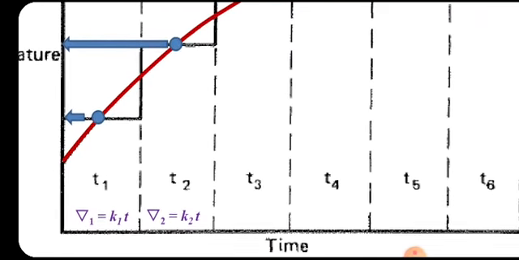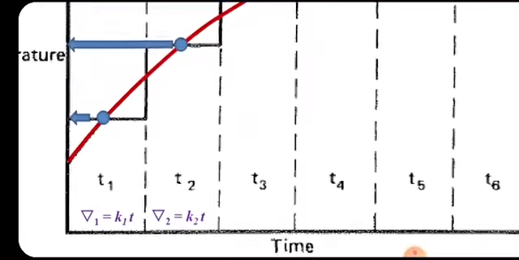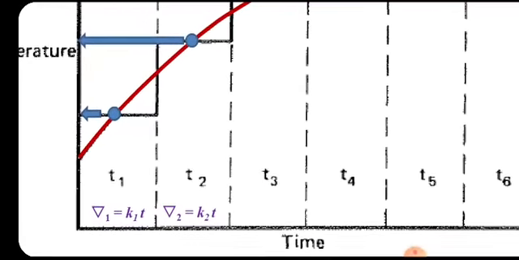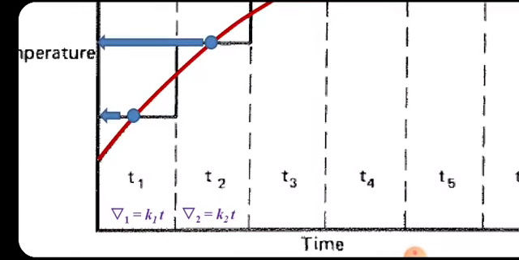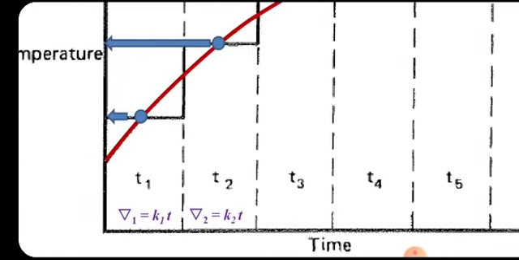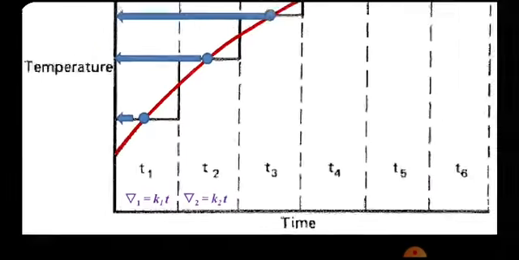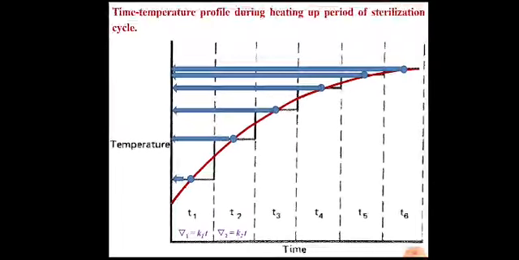So this is the specific death rate of Bacillus stearothermophilus, say for example, at this particular temperature, which is marked by the arrow. This is how, using the different values of K, we can calculate Del 3, Del 4, Del 5 and Del 6.